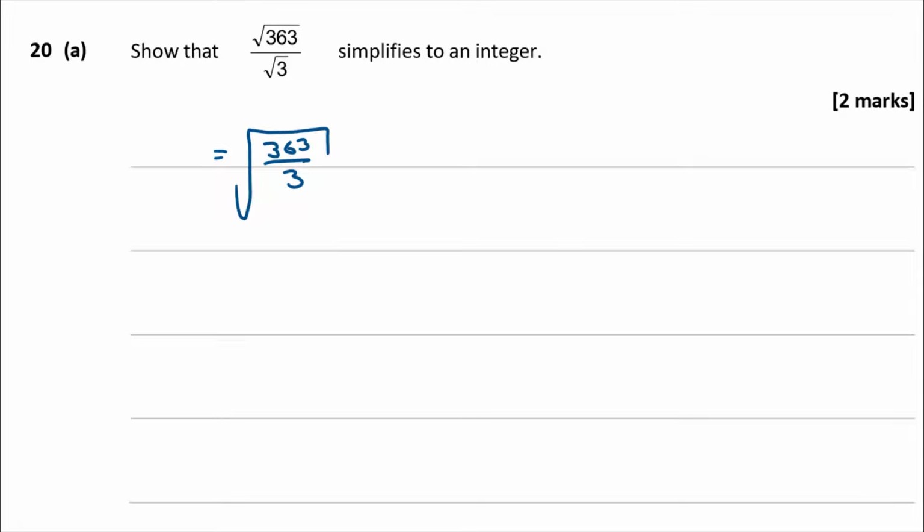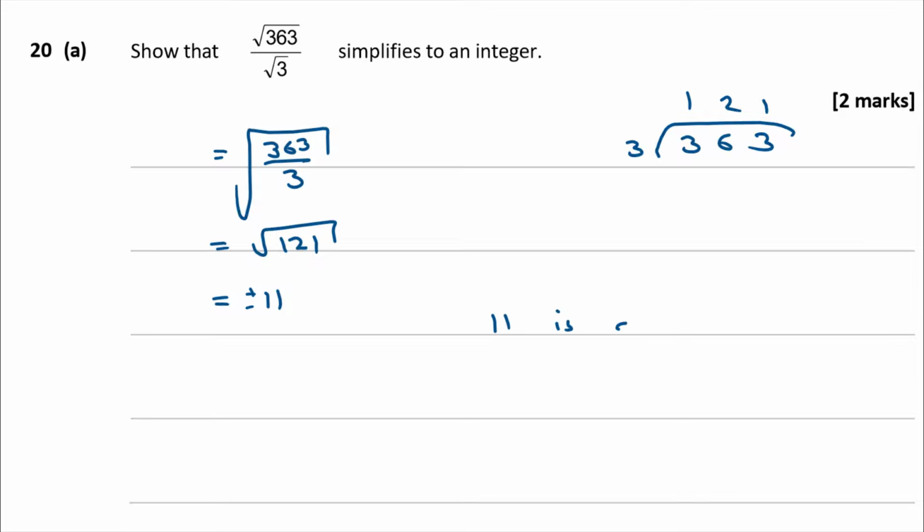How many times does 3 go into 363? 3's into 3, 6, 3 goes 1, 2, 1 times. So that's equal to the root of 121, and the square root of 121 is just 11, isn't it? Well, I guess it's plus or minus 11. But yeah, it simplifies to an integer. So 11 is an integer, isn't it?